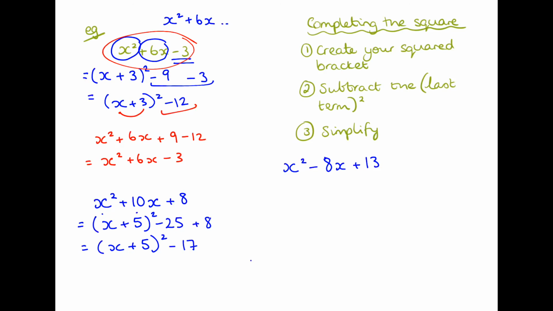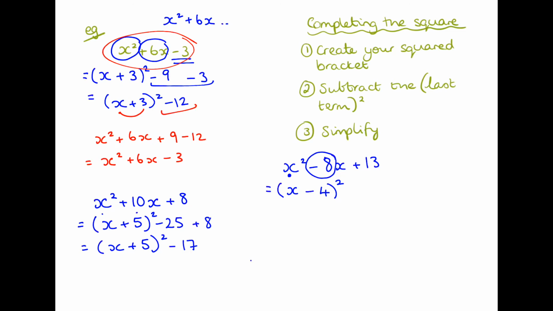Okay, so what we do, let's look at our steps. First thing, create your squared bracket. So let's do that. Okay, now in the squared bracket, remember what we need is the letter that we've got here, so that'll give us x, and we need half of this, so that would be minus 4.